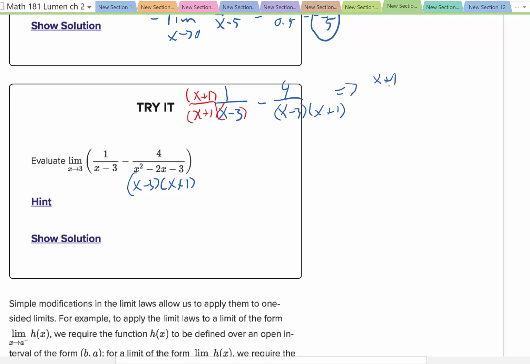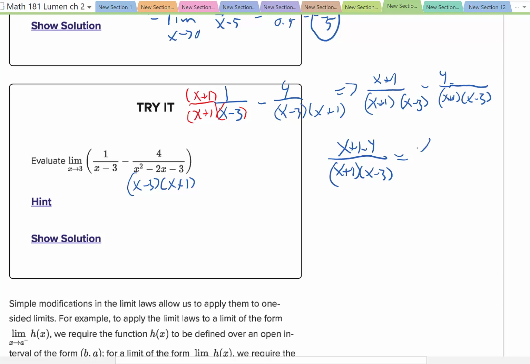And we end up with x plus 1 over x plus 1 times x minus 3 minus 4 over x plus 1 times x minus 3. So that ends up being x plus 1 minus 4 over x plus 1 times x minus 3. So that's x minus 3 over x plus 1 times x minus 3.